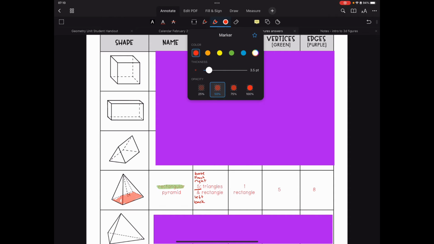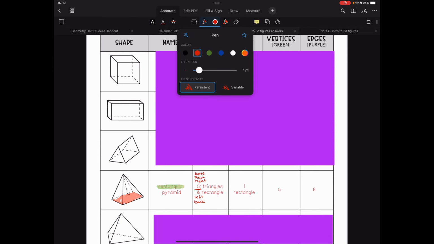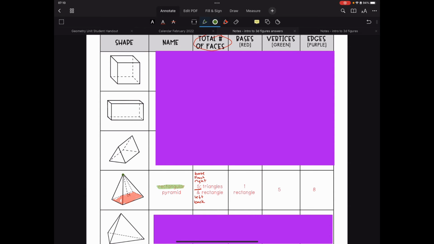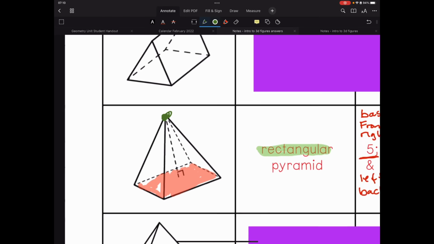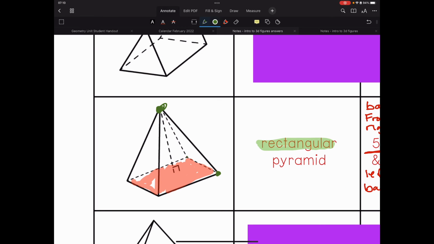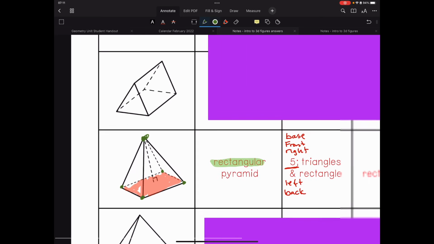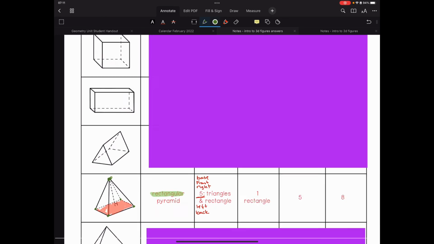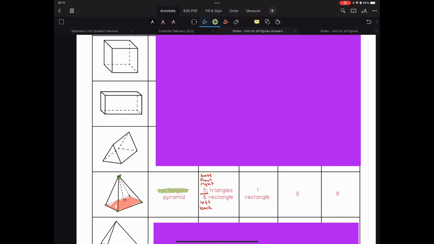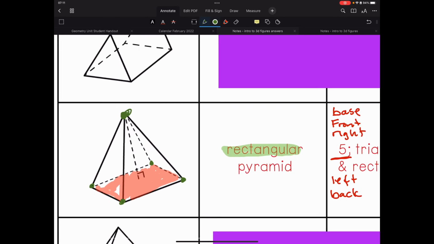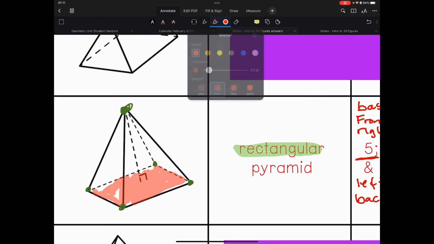So our vertices in green. There's 1, 2, 3, 4, 5. I think that's all of them. There's our vertices. And then we need the edges in purple. So we'll do our edges in purple.